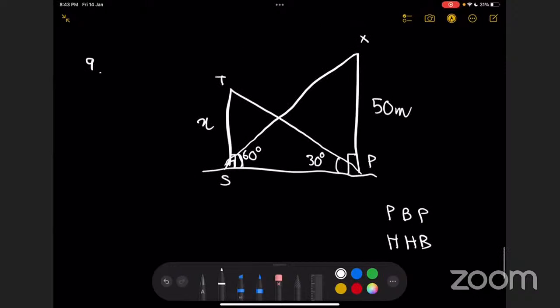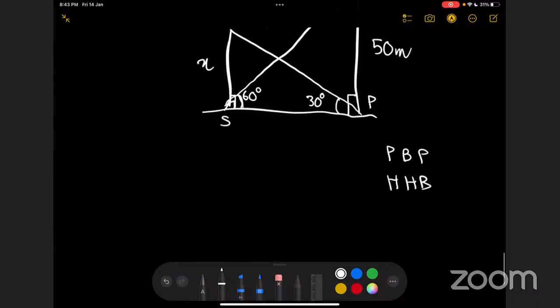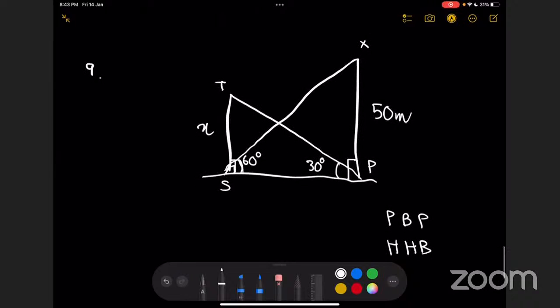Right. We need to find the base, so we can either use cos or tan, but the perpendicular isn't given to us. So tan it is then, and tan 60.